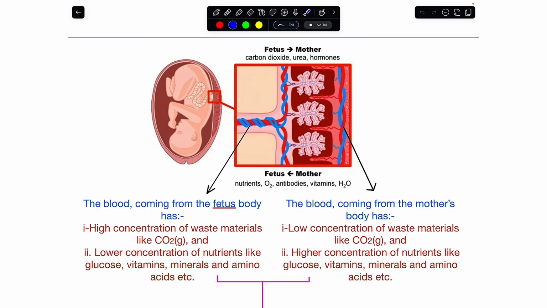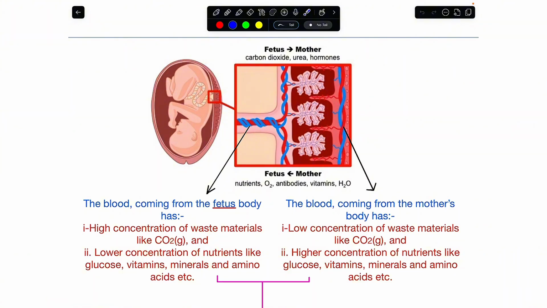On the other hand, the waste materials would diffuse from their higher concentration and go into the mother's blood. There is a close association between the mother's blood and the fetus blood, but they are not allowed to mix with one another, thanks partly to the presence of this organ, the placenta.